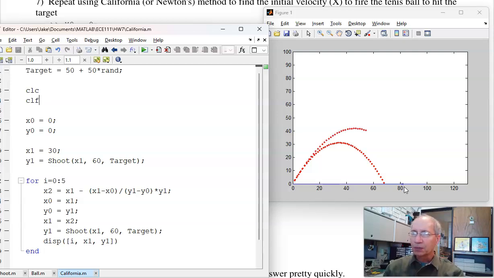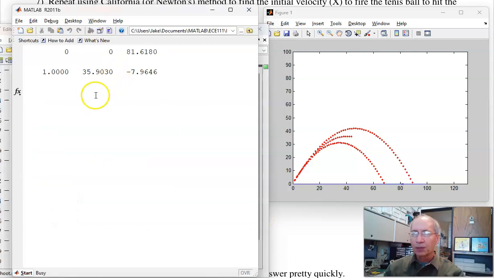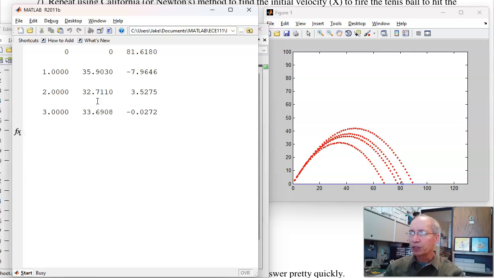Next guess was 35, missed by 7. Then I tried 32.7, off by 3. 33.6, off by 0.02. Then 0.001. If you're willing to do some calculations, I can get there a whole lot faster.